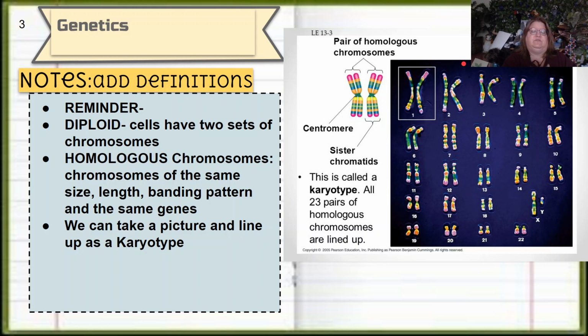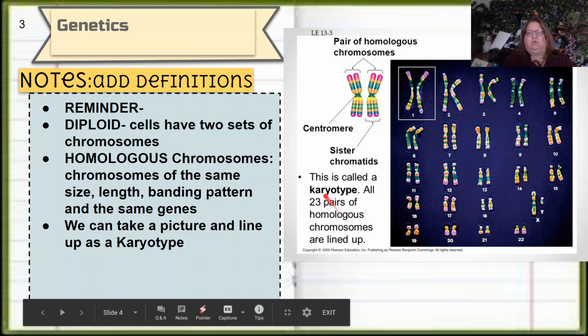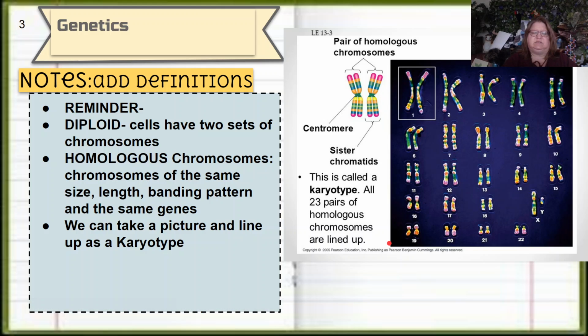So you can have different variations, but they're both going to be about hair color. Each one of these pairs is a homologous pair. And when you are sorting through these, it would be very important for a cell to get one of each chromosome.